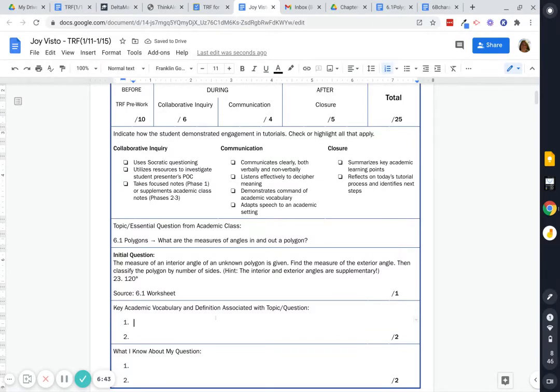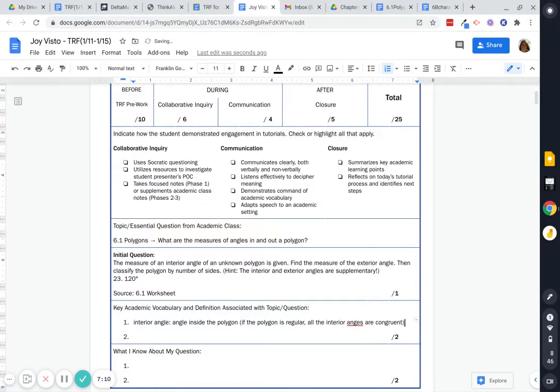So some key vocab. Maybe I want interior angle. Interior angle is an angle inside the polygon. And if the polygon is regular, all the interior angles are congruent.